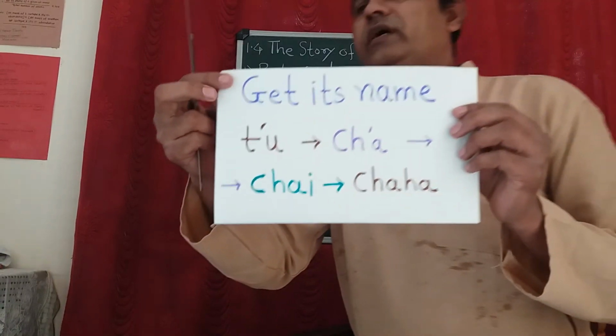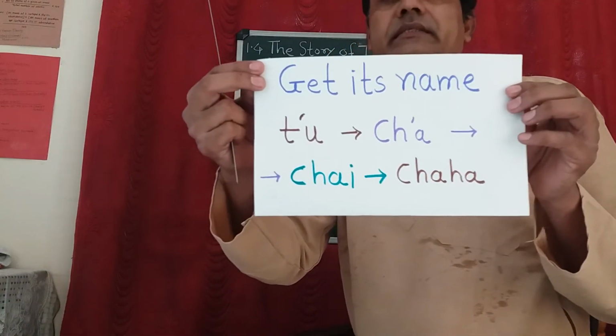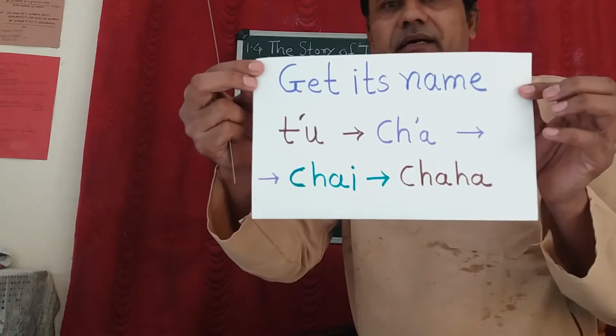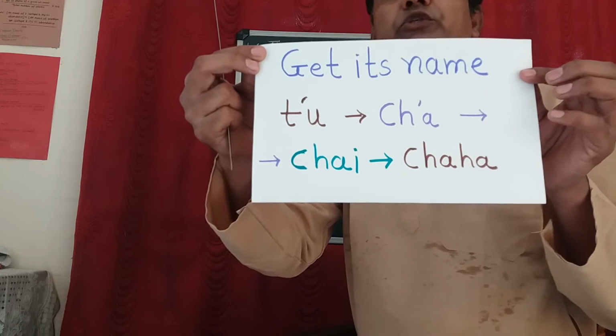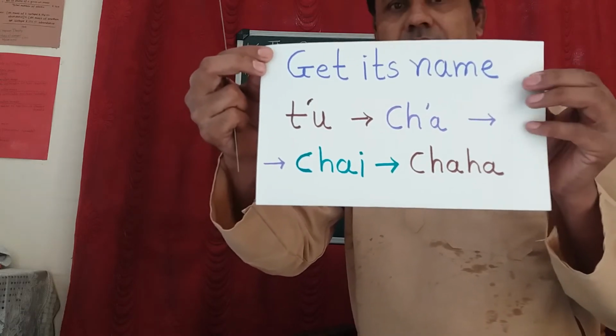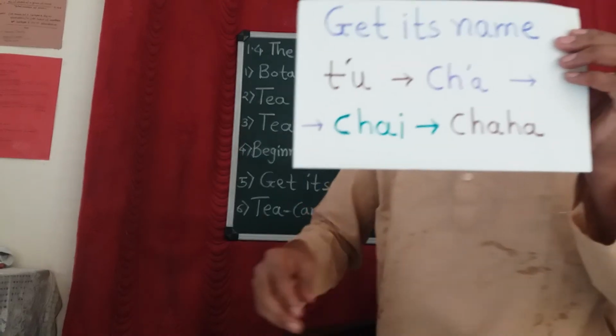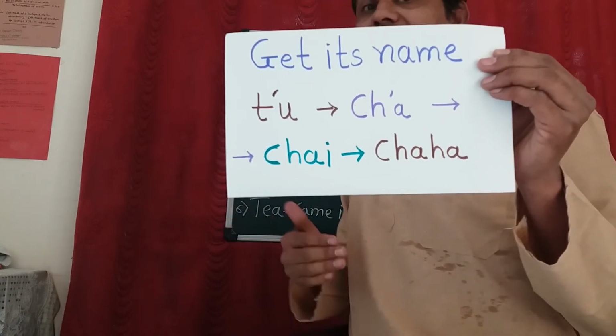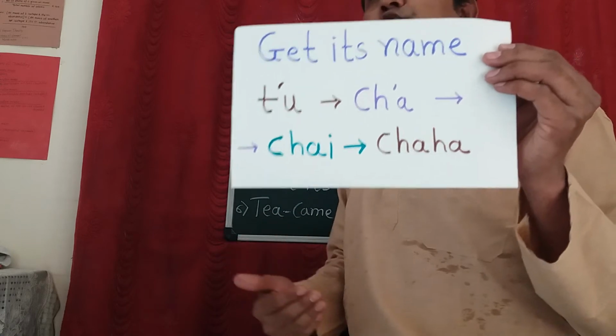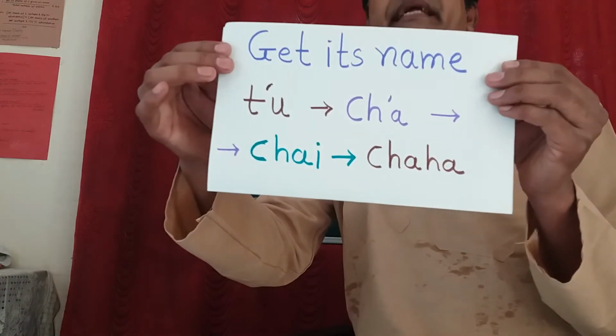Friends, first, in old Chinese inscriptions, you can see here on the chart, the word tu was used to refer to tea. Thereafter, a new character came in China, that is ch. Ch was used to refer to tea.